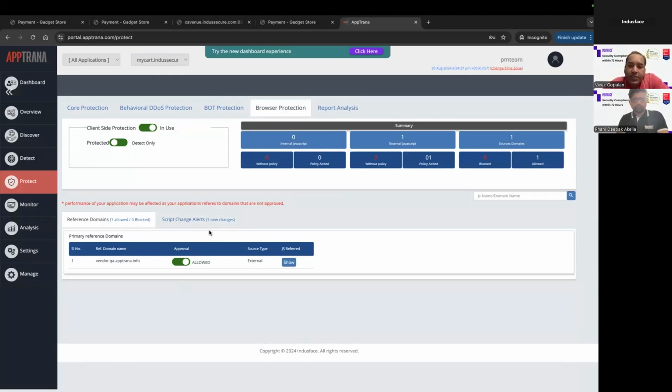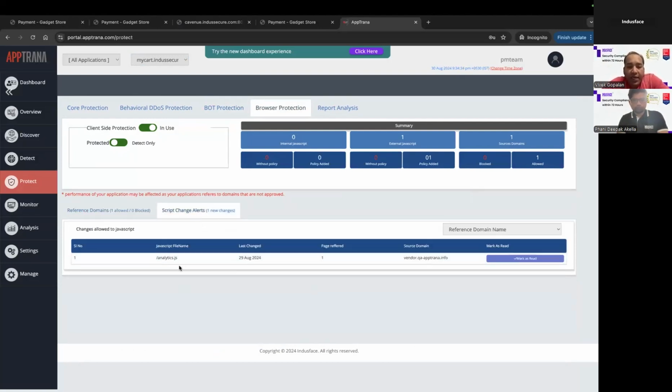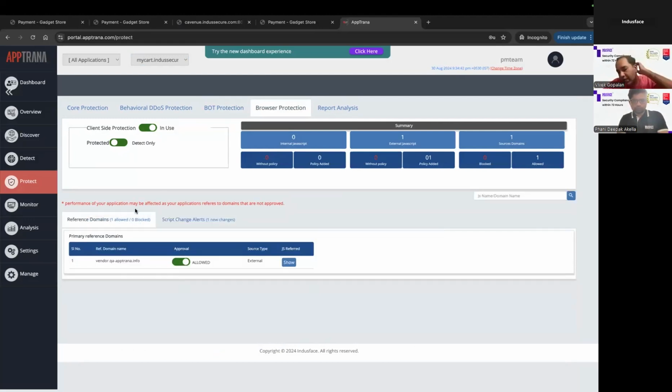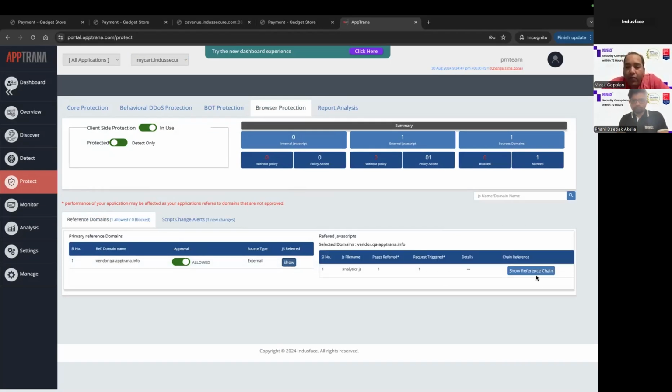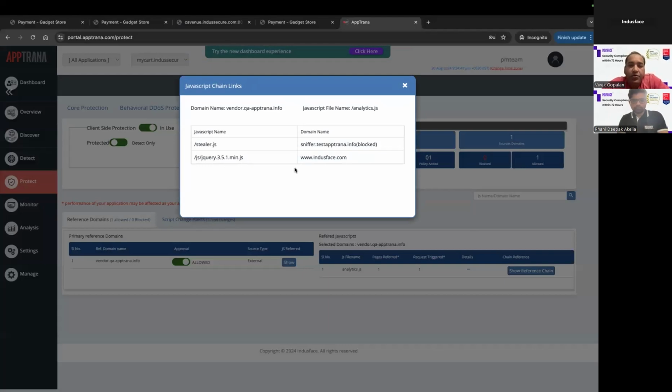So between the last time you approved it, there was a change in the JavaScript. You will see an alert saying that the script has changed. This alert will come to you immediately as we see any tampering of the scripts that you have allowed. And if you look at the reference chain, you can see that stealer.js is blocked. So the blocking happens seamlessly.